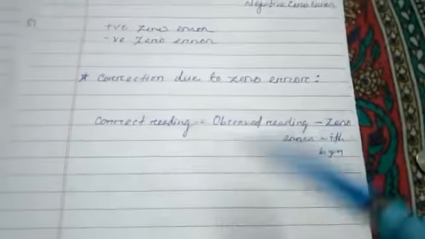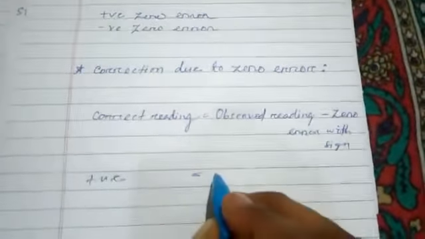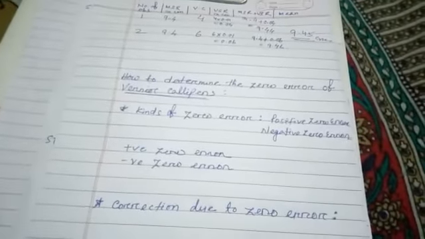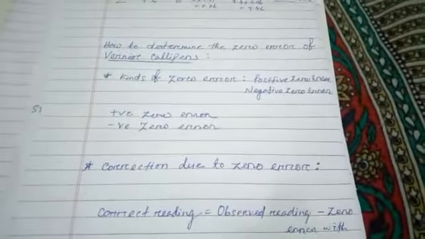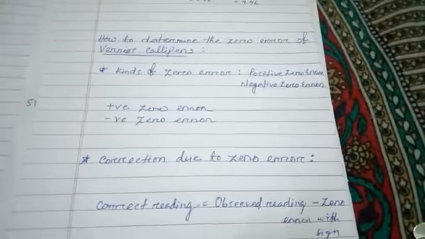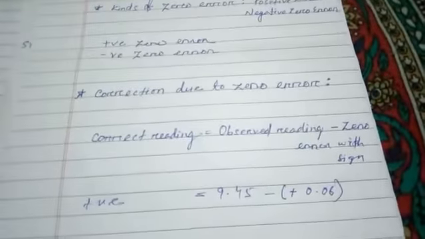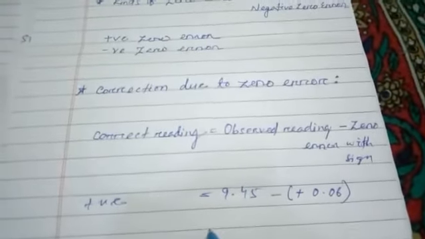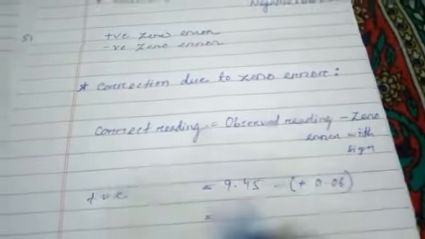Its meaning is, if you find a positive error, okay, the observed reading is how much? 9.45. If you subtract the positive error with sign, I said plus 0.06, as we already discussed. Then in that case you have to subtract the error. If positive error, you have to subtract.